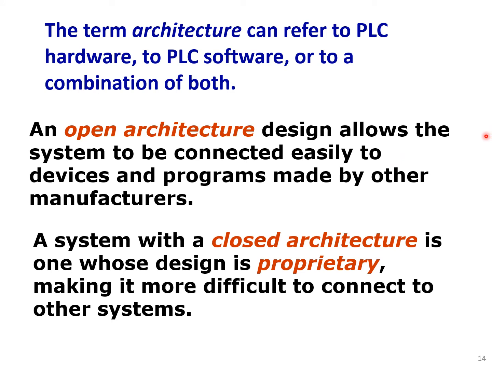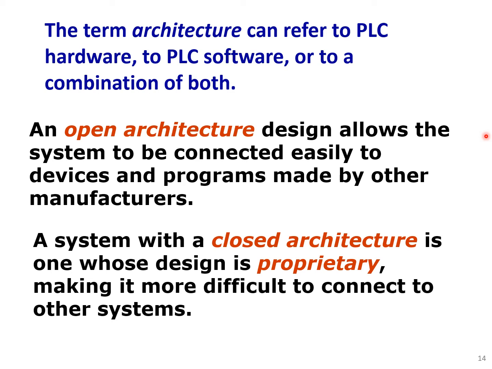Okay, now we want to see what could be possible architecture of a PLC. The term architecture can refer to PLC hardware or to PLC software or to a combination of both.